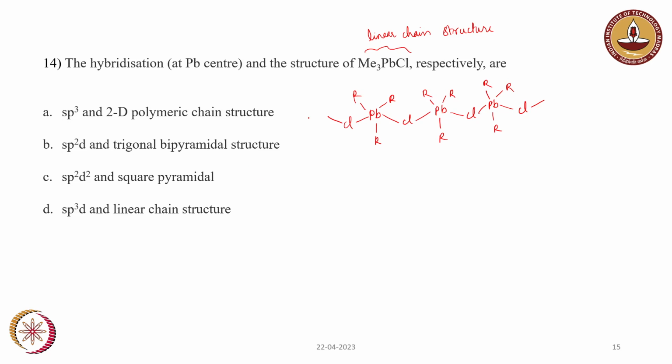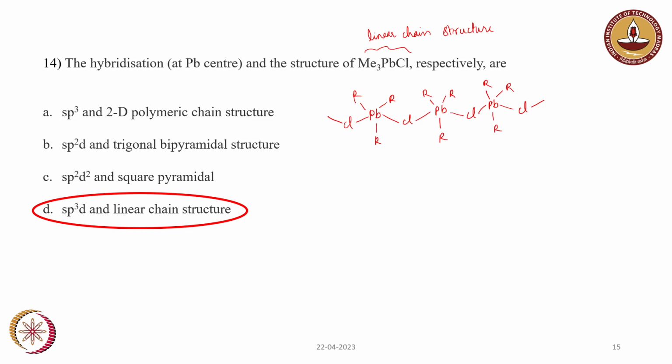And each lead has five coordination. So it means it will be sp3d hybridized. So option D, sp3d hybridization and linear chain structure is the answer.